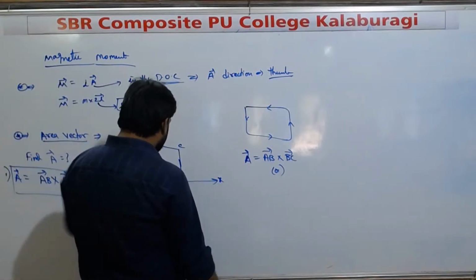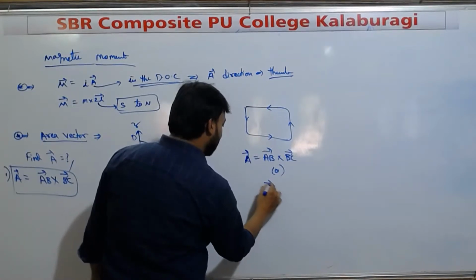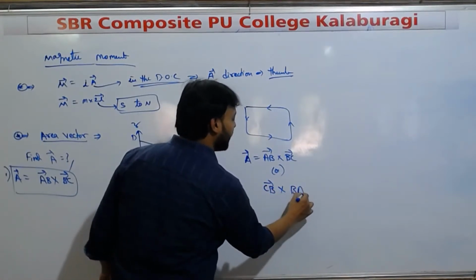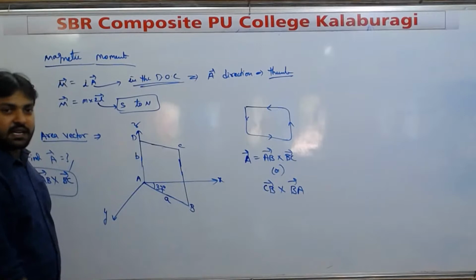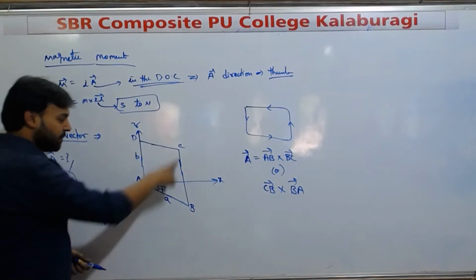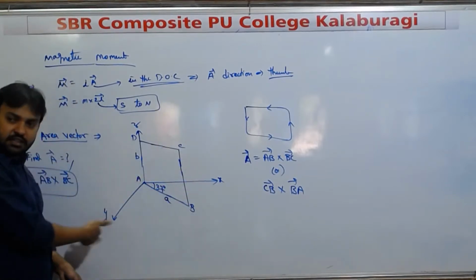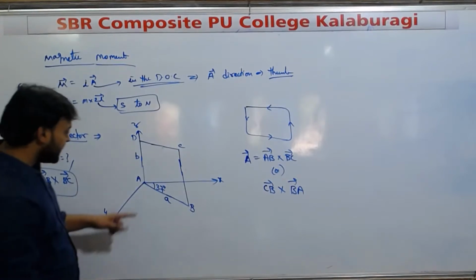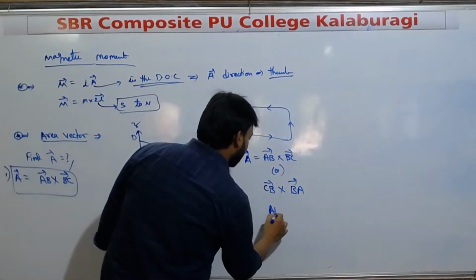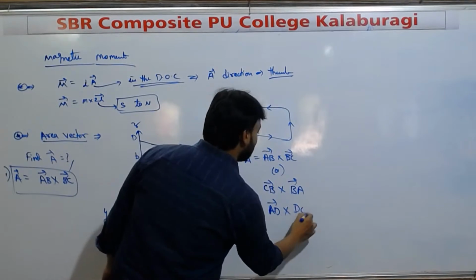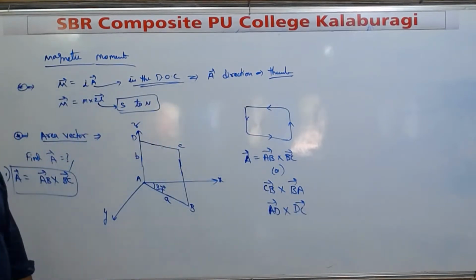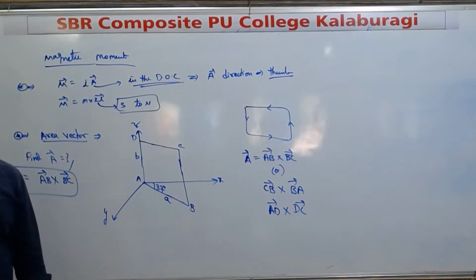If the direction of the current is not there in mechanics, I can write C B bar cross B A bar. Correct or not? Yes, correct. C B bar cross B A bar. That is also correct. Next, A D bar cross D C bar. That is also correct. All possible cases you can write if it is mechanics and the direction of the current is not there.